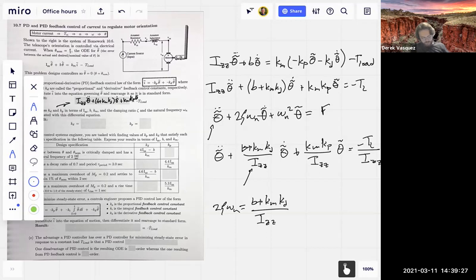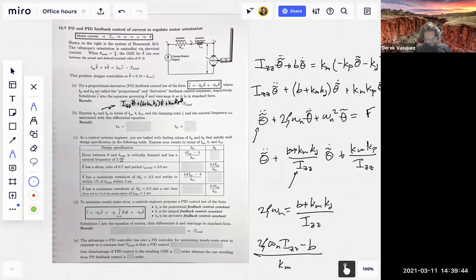So we just have to multiply both sides by Izz, so 2 zeta omega n Izz. Go ahead and subtract B and then divide over Km. And that is our Kd.